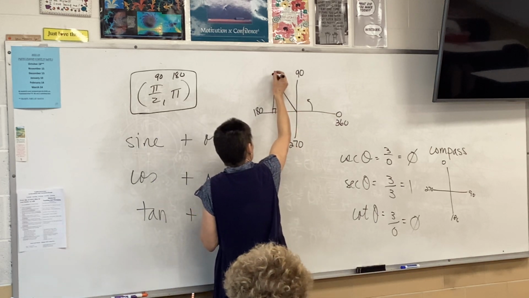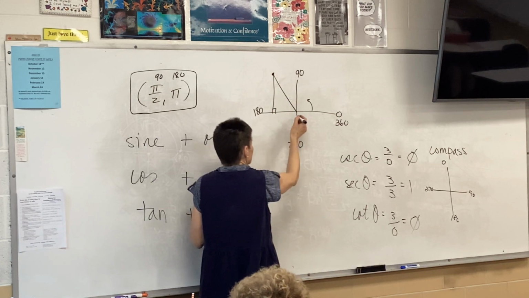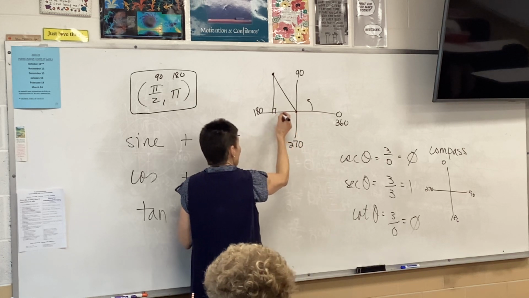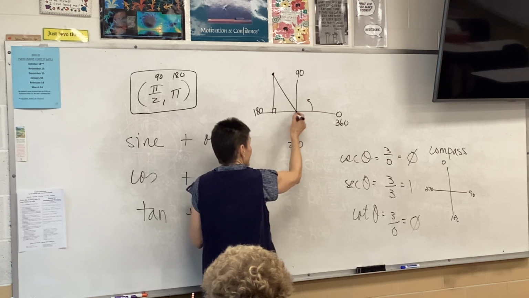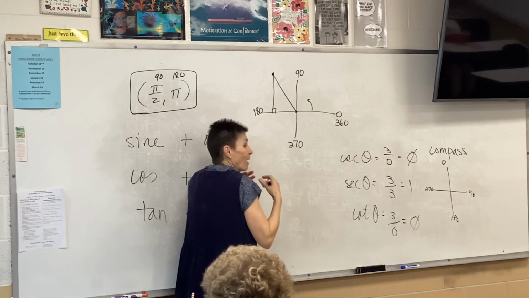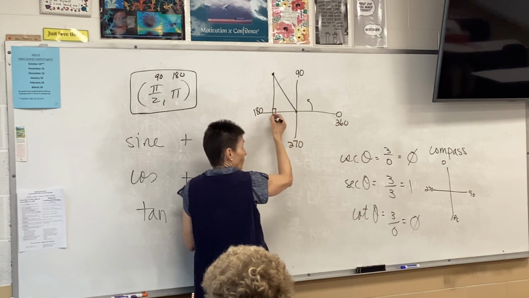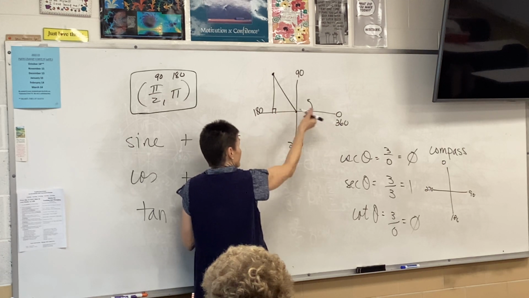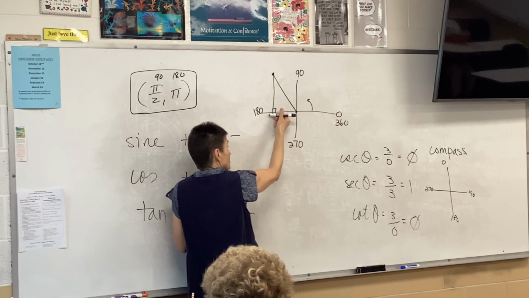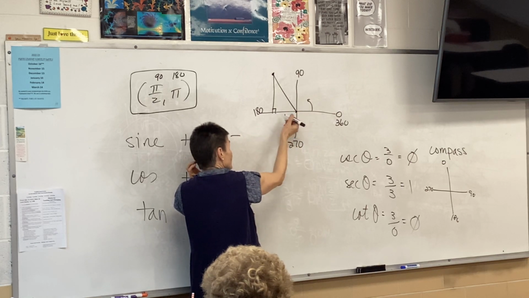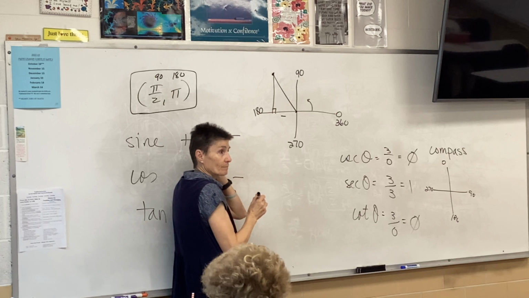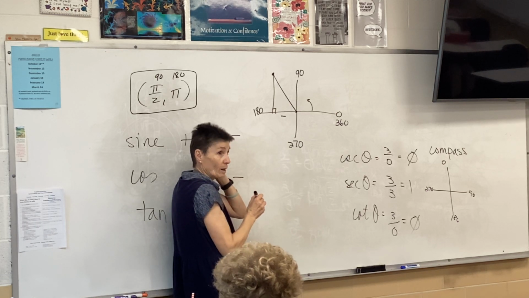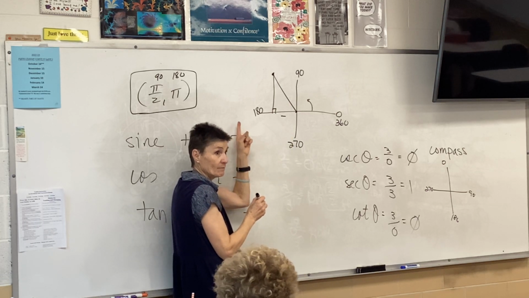If I were going to plot that quadrant 2 point, tell me about this side of my triangle. Now I don't know how long it is, but what do I know about it? It's going this way. So whatever it is, wouldn't that have to be a negative number? In quadrant 2, isn't the x side negative?